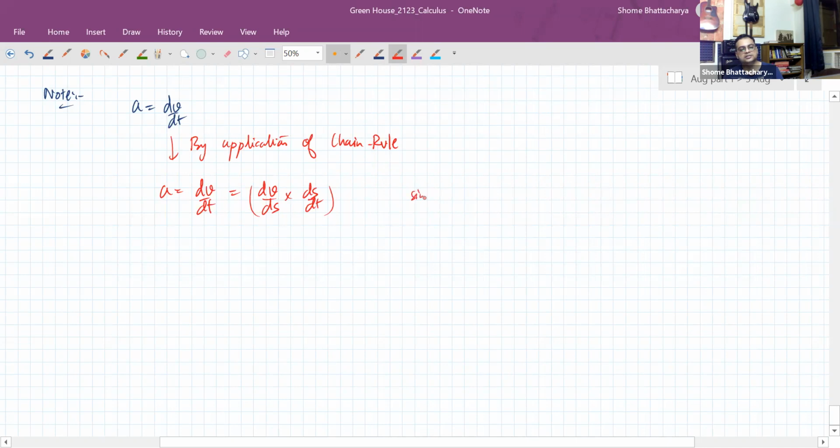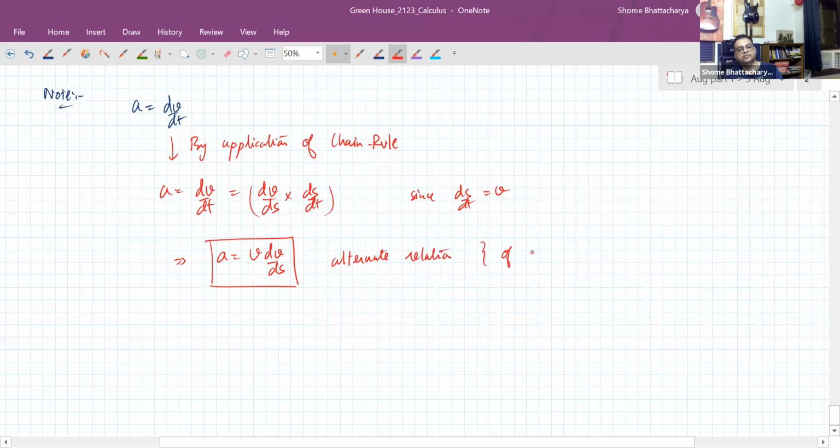And since ds by dt is nothing but the instantaneous velocity, the acceleration can also be defined as v dv by ds. So this is an alternate relation of acceleration in terms of velocity and displacement instead of in terms of velocity and time.